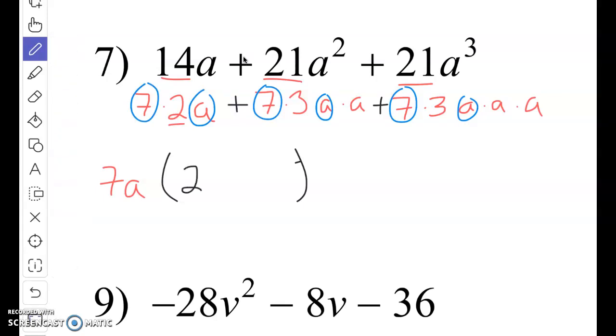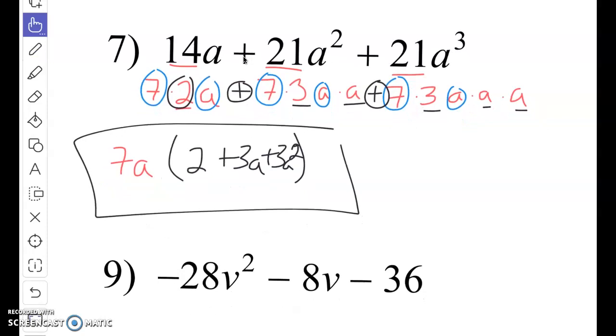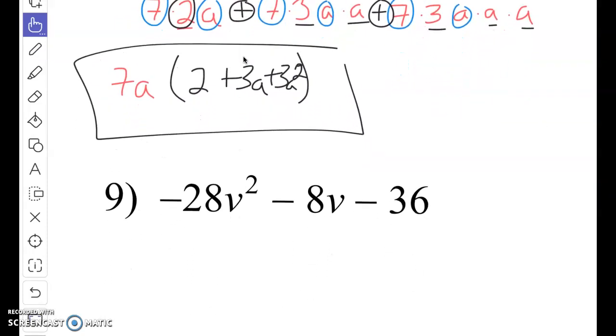So I put 2 plus, and this one I need the 3A, plus 3 times A is 3A squared. So this would be what I'd do if I did it with 3 parts. Now this inside part often will end up having to do maybe box and circle on it, but it makes it simpler.